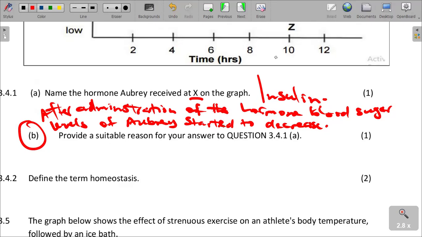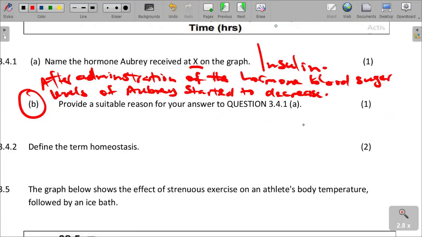Therefore, we can say it is insulin that converts glucose, or regulates the glucose level.